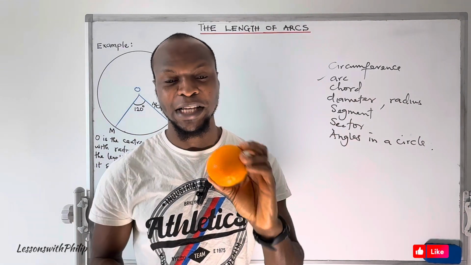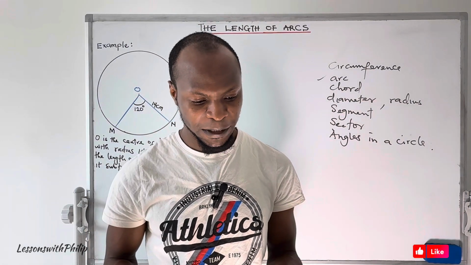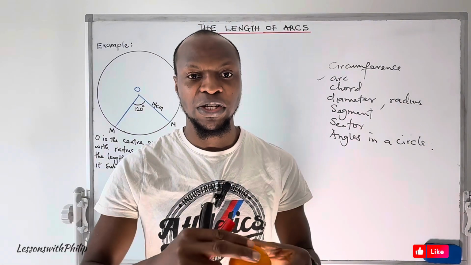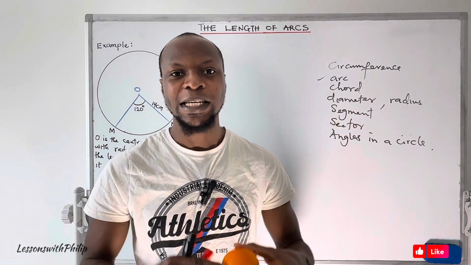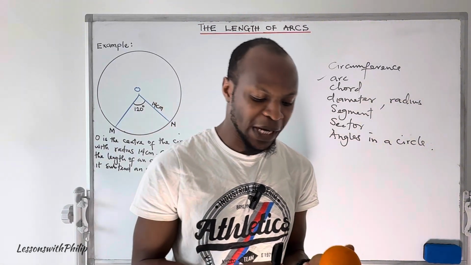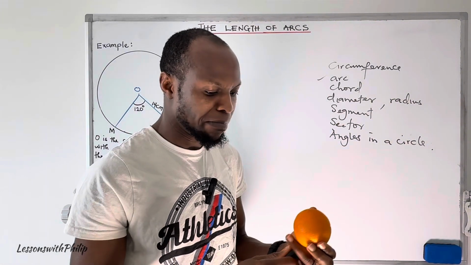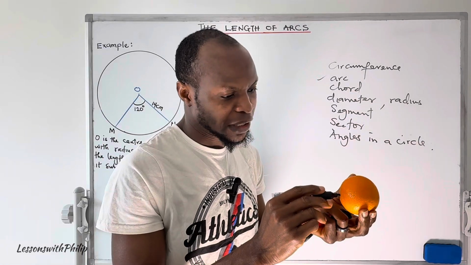Now, I have an example in my hand. I have a circular orange in my hand. The whole total surface of this circular orange is known as the circumference of this orange. Okay? Now, assuming that I mark 2 points on this orange, if I mark this point, and I mark this point.